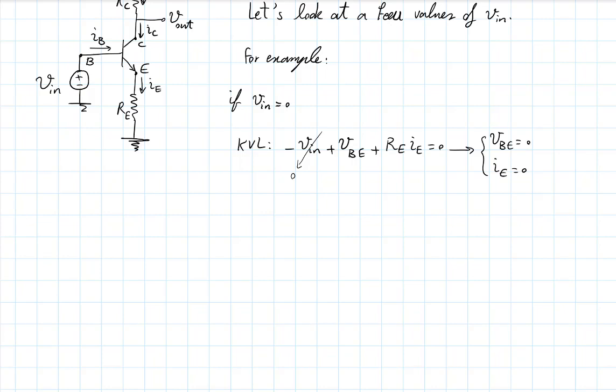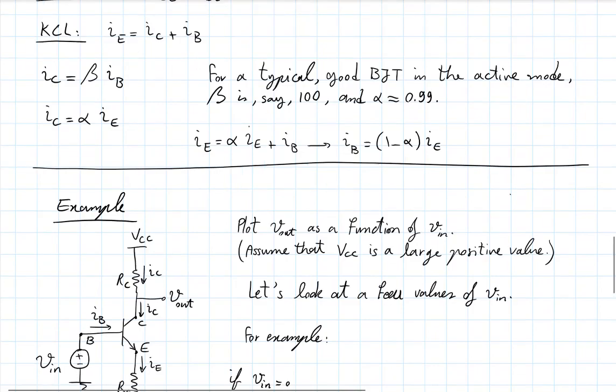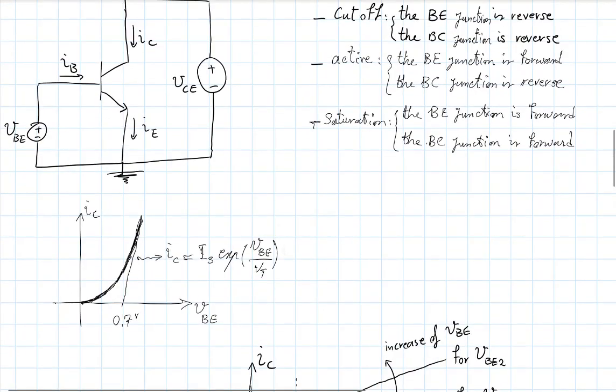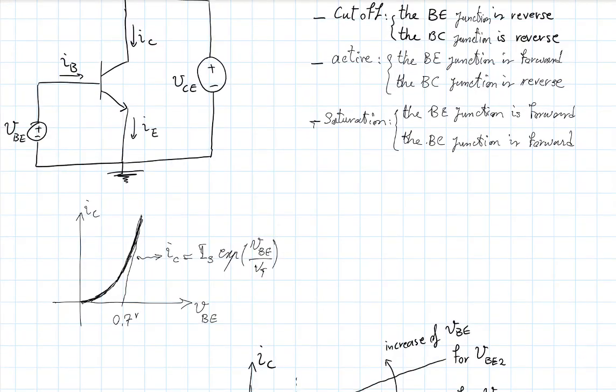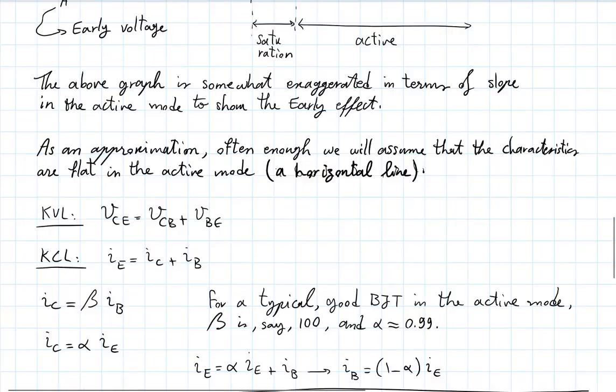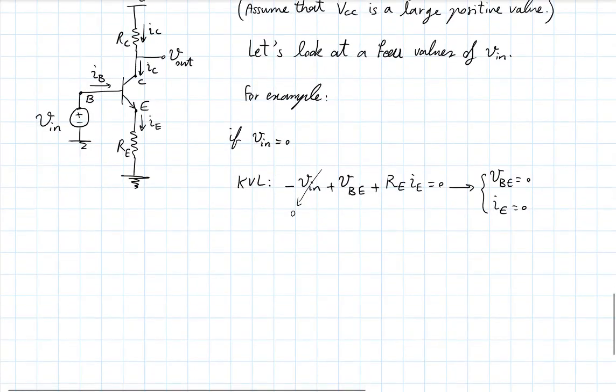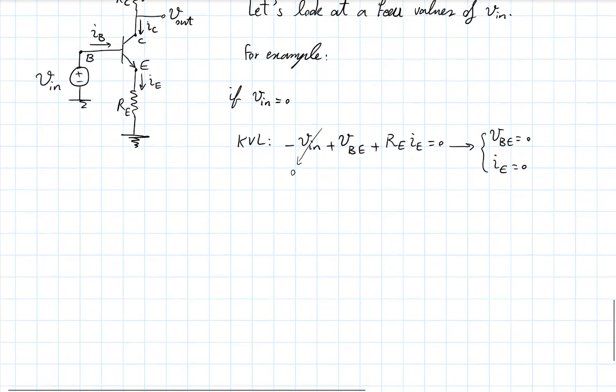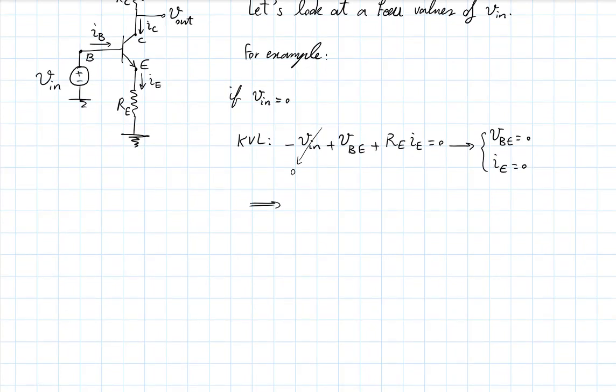If VB is 0, you also go back here. You see that IC is also 0 because you're at the origin here. So V out, which is equal to VCC minus RCIC, is simply VCC.